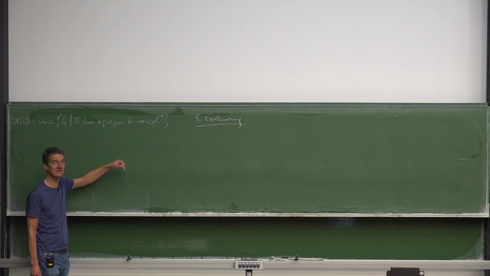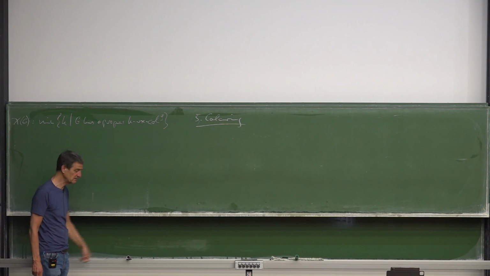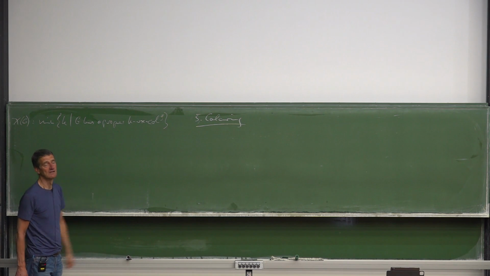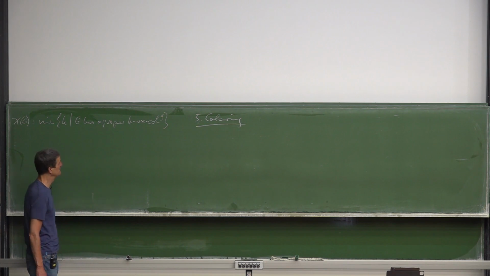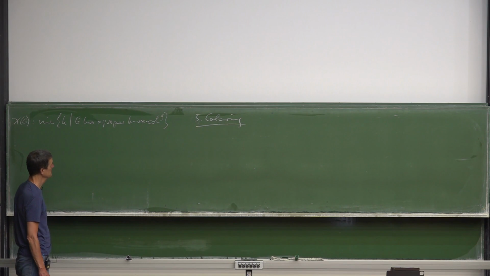Okay? So if you like, formally a map from the vertex set to some set of colors so that adjacent vertices have distinct, different images.